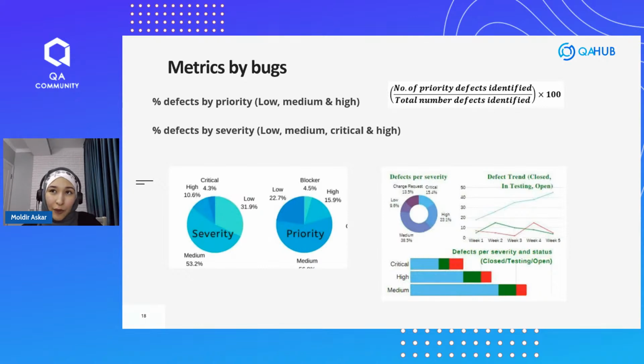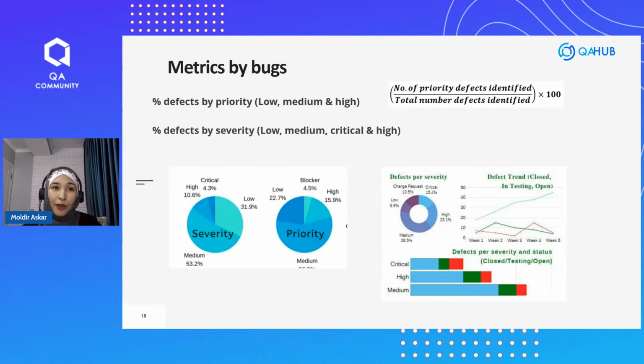In the picture, you can view the formulas of the metrics: defects by priority percentage and percentage of defects by severity. If you don't have tools like Jira, you can do it all manually, doing this math with a formula to understand the percentage of defects.